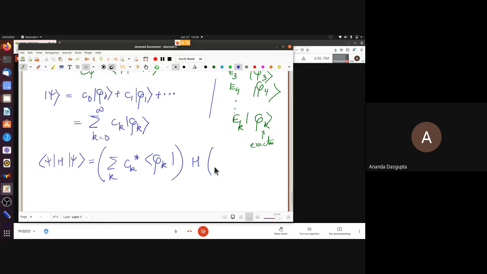Then you have H. Then you have the sum over l, cl phi l. That's the ket. So once you expand this out, sum over k and l, ck star cl. These are just complex numbers, so they will come out of this expectation value calculation anyway, and you get phi k H phi l.